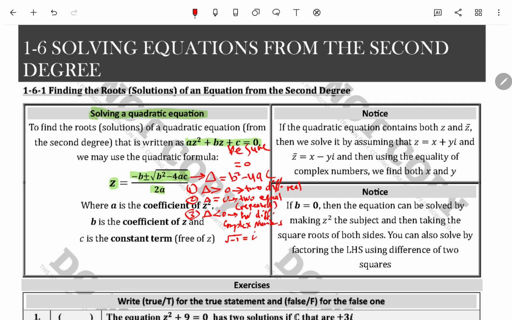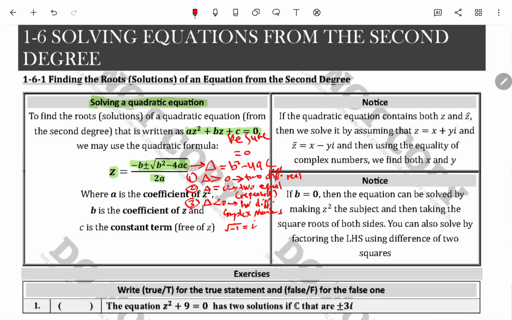Now, before we start and have some examples, we can read some notes. The first note is: if the quadratic equation contains both z and z dash, then we can assume that z equals x plus yi from the algebraic form, and z dash, which is the conjugate of it, equals x minus yi by changing the sign of the imaginary part.